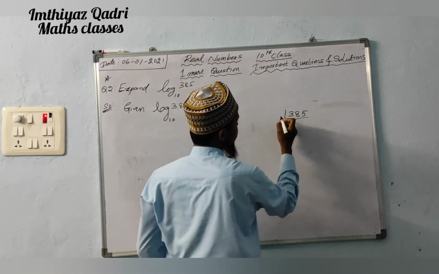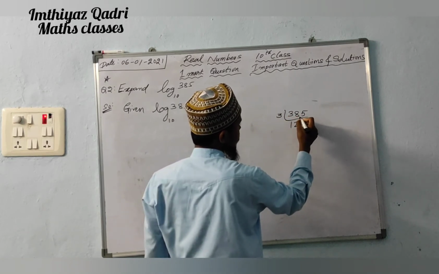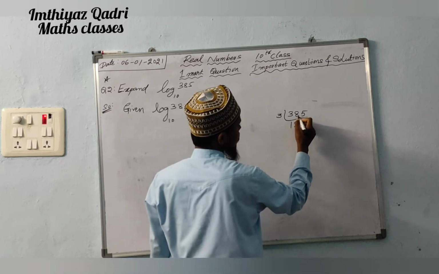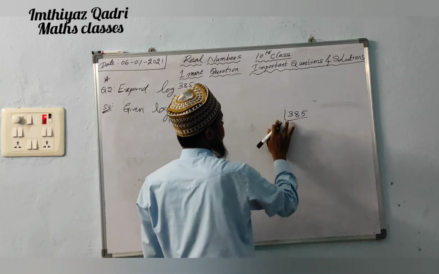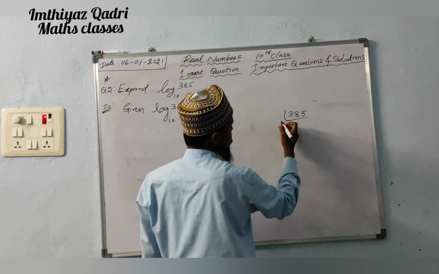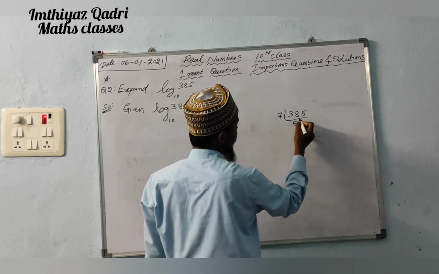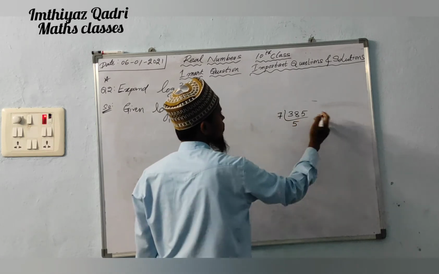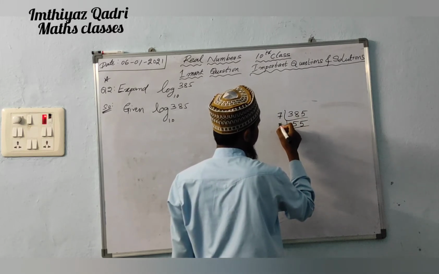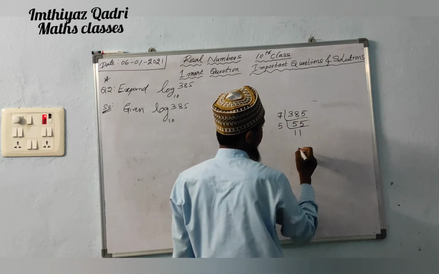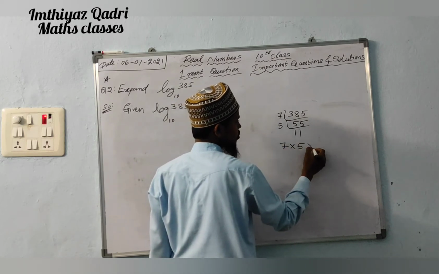In 3 table, 3 2 the 6... 7 table, 7 5 ja 35, remaining 5, 5 11 ja. This is the 385 factors: 7 into 5 into 11.